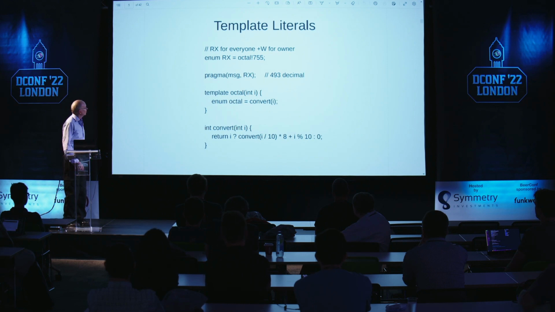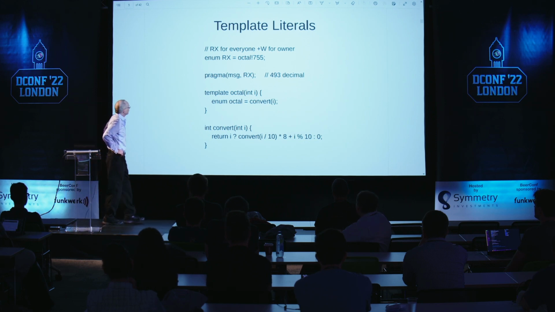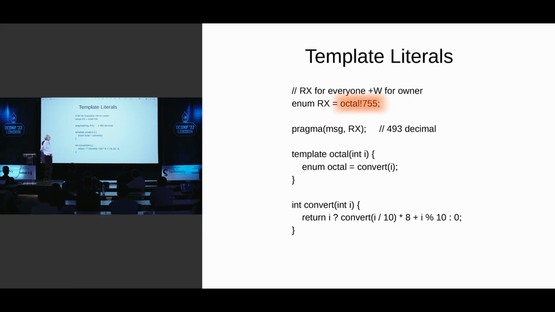So one thing we found with template syntax is you could do literals with it. Up at the top, you have octal bang 755. Now, which actually is 493 decimal, and I'm sure you'll agree that 493 has no resemblance to 0755, and this is kind of a horrible thing to have in your code, a 493 magic number.